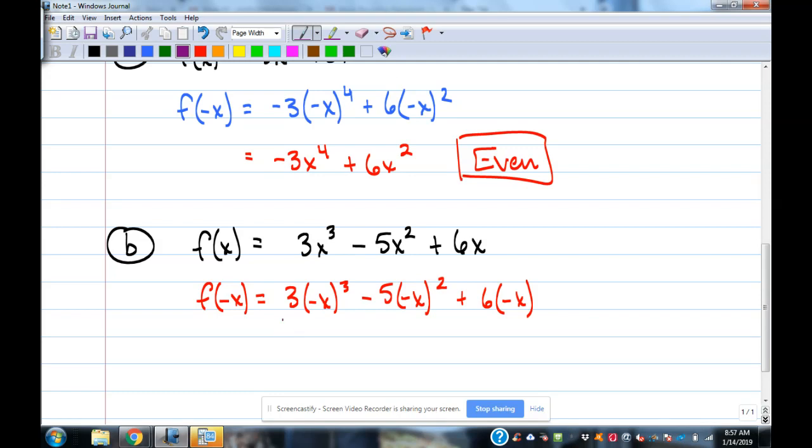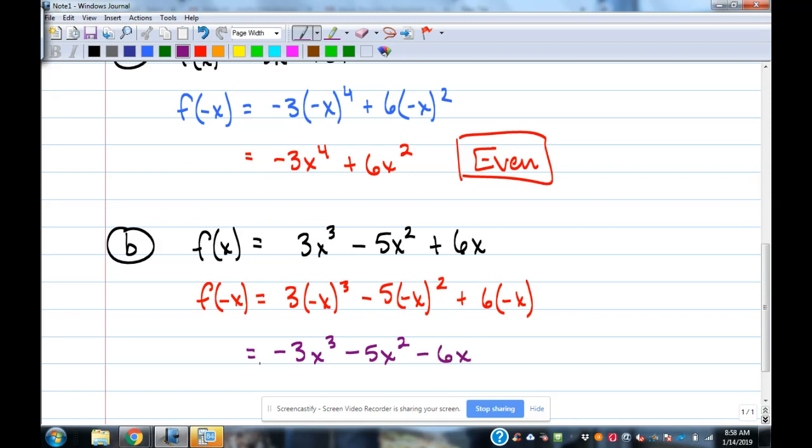So that's going to be changing that to negative 3x cubed, right? And then the second piece, we got negative x squared. That's positive x squared times negative 5 is negative 5x squared, right? And then here, 6 times negative x would be negative 6x.